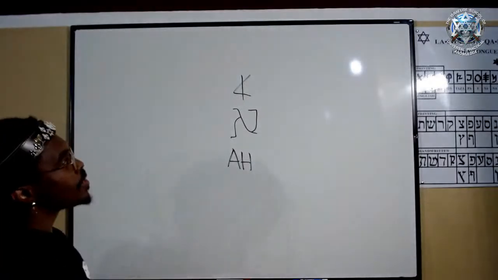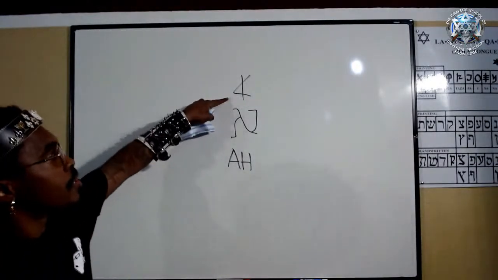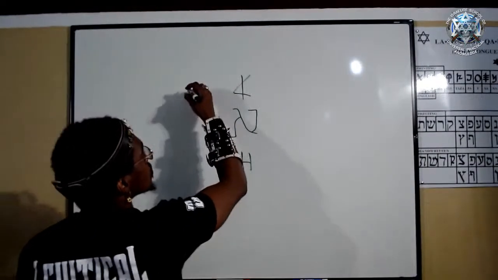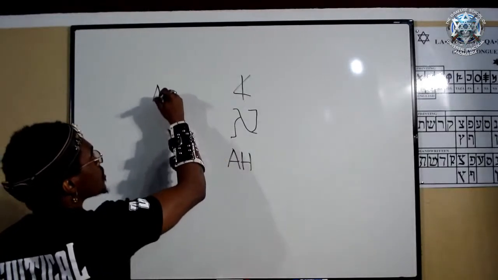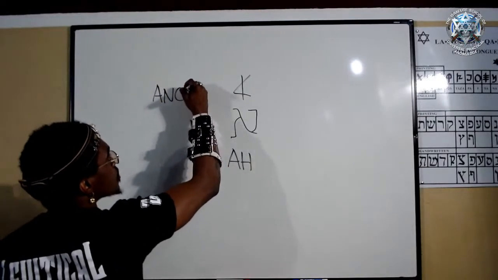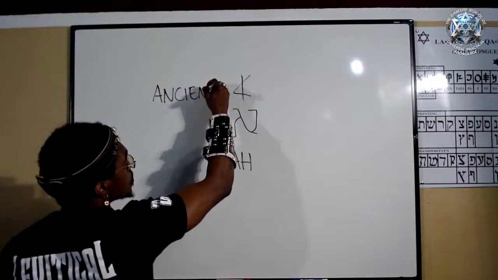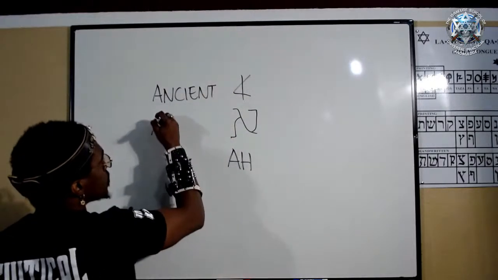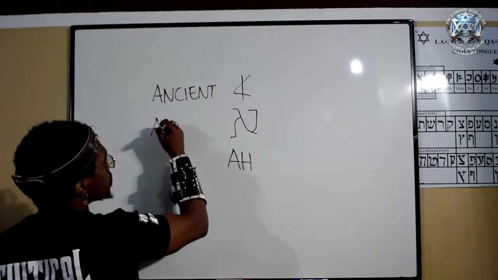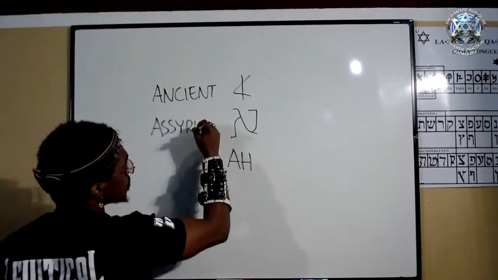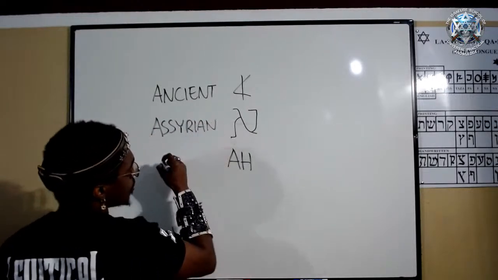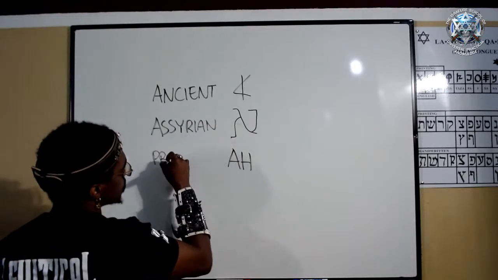This is the I. Okay, and now I'm writing it so that it's ancient, Assyrian, and its pronunciation.